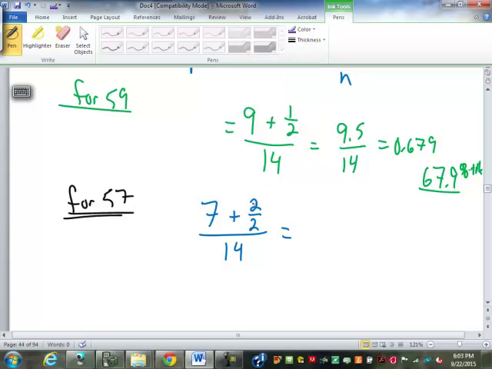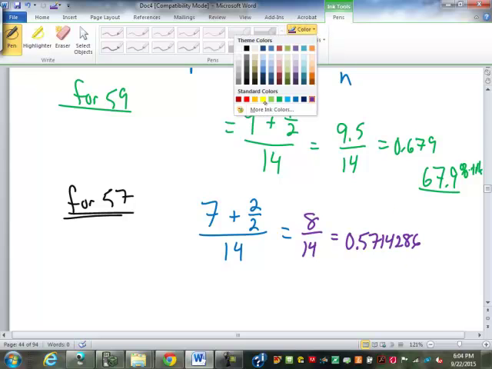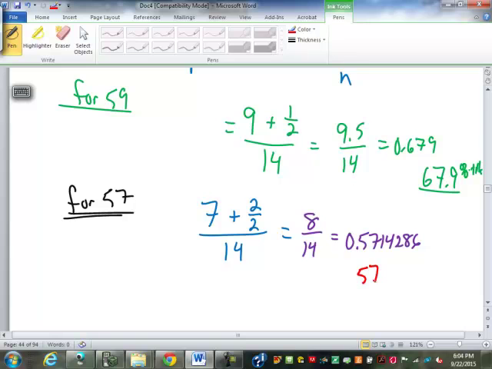So 2 divided by 2 is 1. 7 plus 1 is 8. 8 over 14, which divides out to be 0.5714286 approximately, or 57.1 percentile. So approximately the 57th percentile.